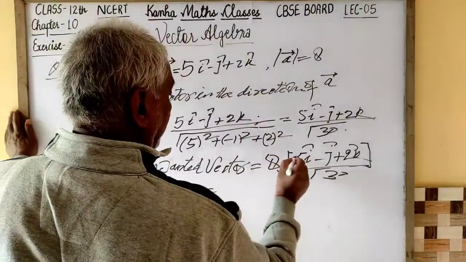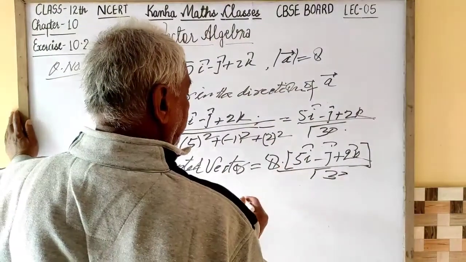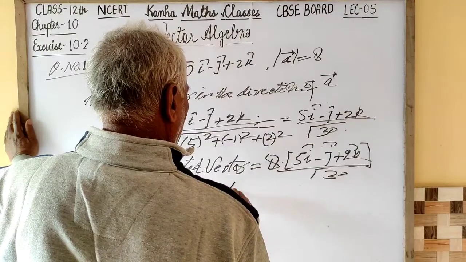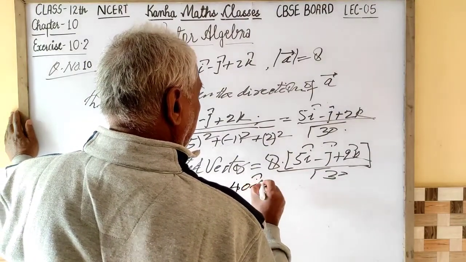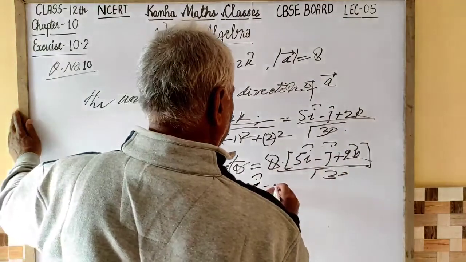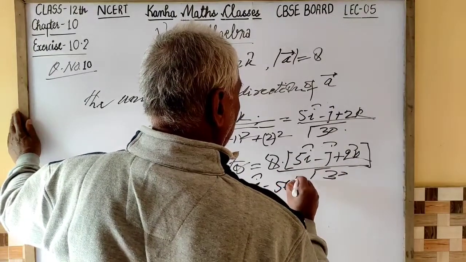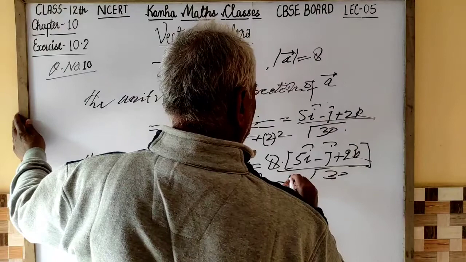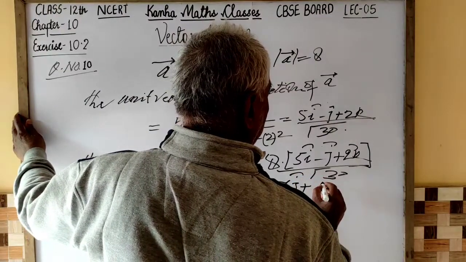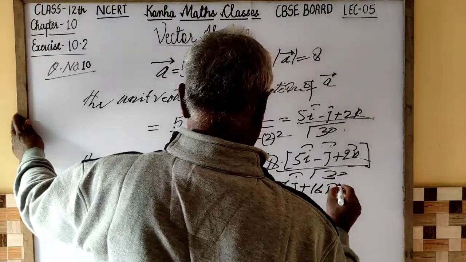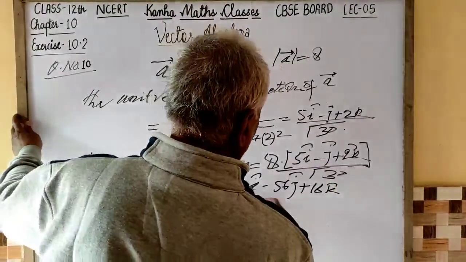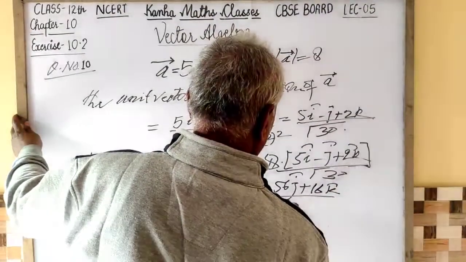That is 8 times 5 is 40i, minus 8j, and 8 times 2 is 16k, upon root 30.